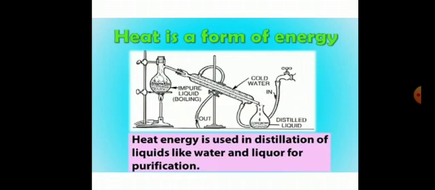Heat energy is used in distillation of liquids like water and liquor for purification. Last year, you had studied the process of separation of salt from water by using distillation process.